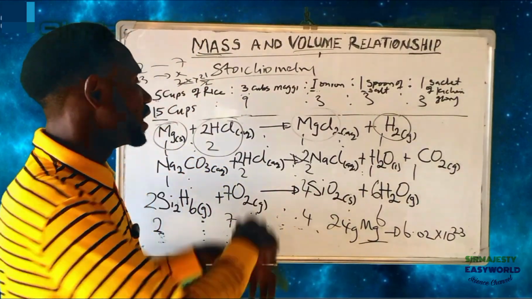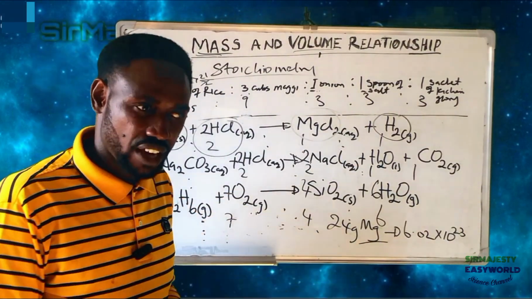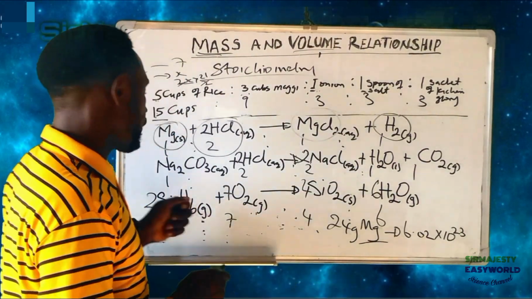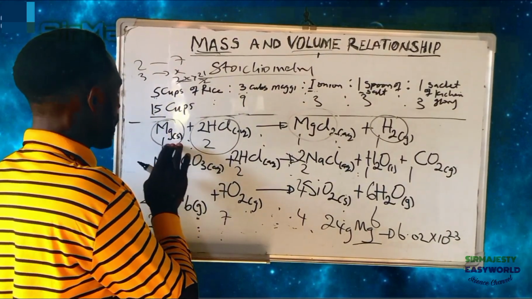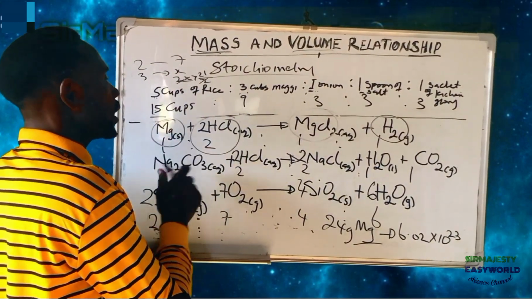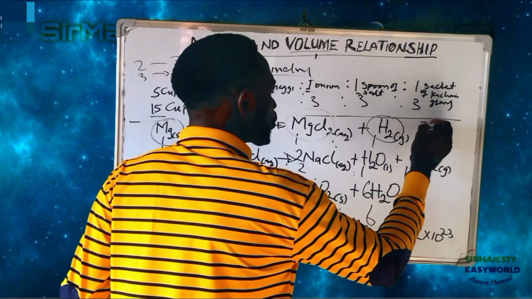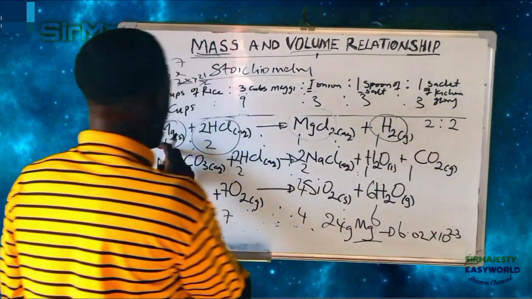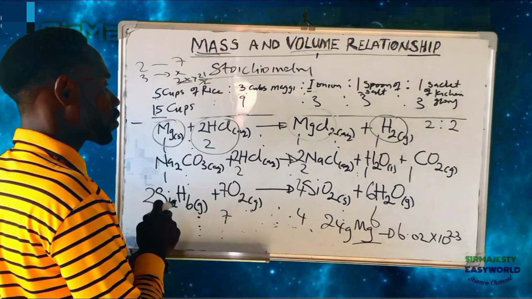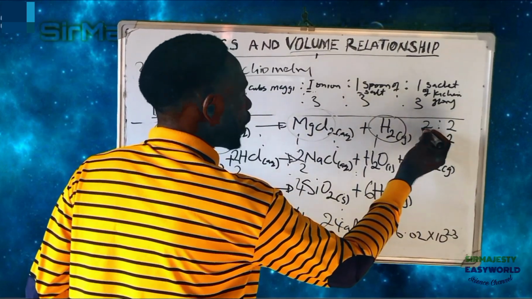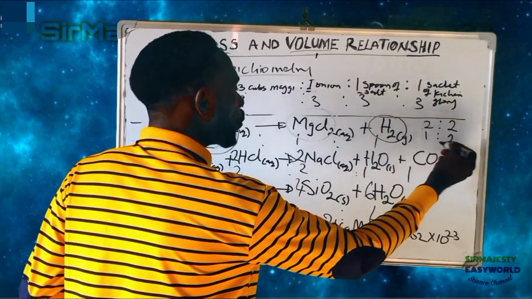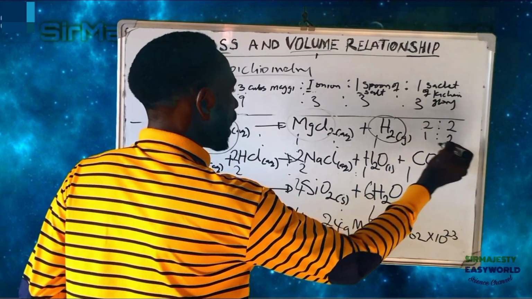Hold on there. The limiting reagent in a reaction: the mole ratio has shown us that for this first one, magnesium to HCl is 1:2. Anytime I provide 2:2 for magnesium and HCl, guess what? The normal reaction is 1:2, and I'm provided with 2:2. Which one is in excess?